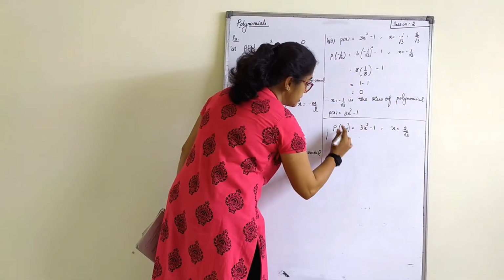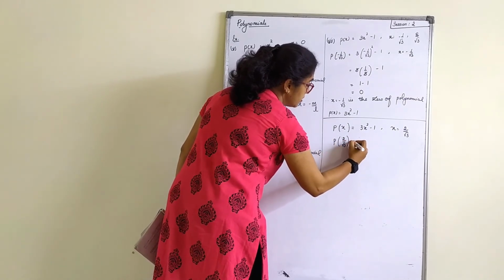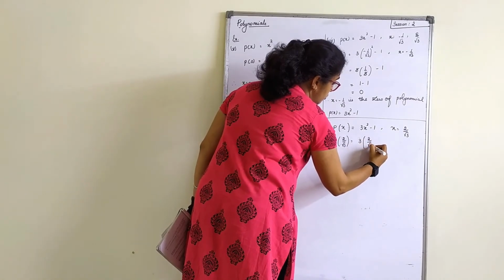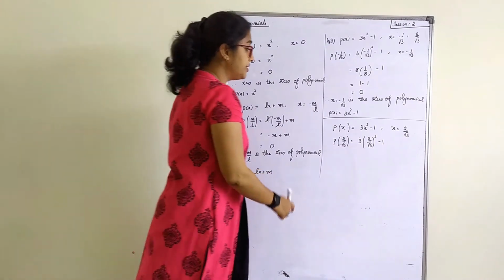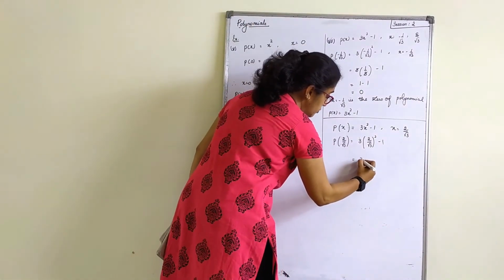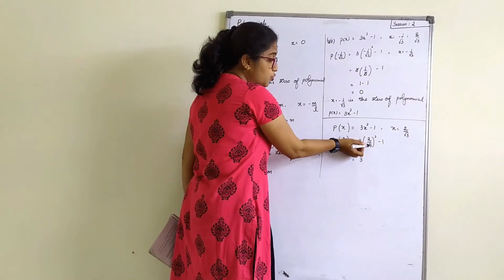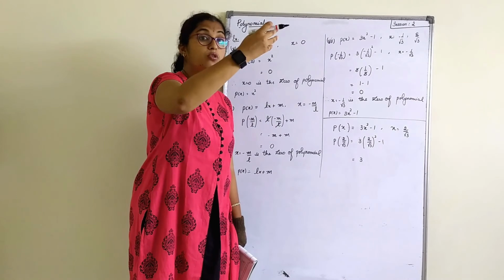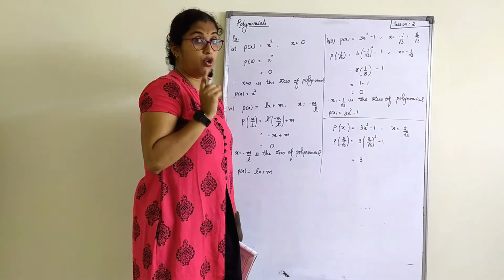So p of 2 by root 3 is equal to 3 into 2 by root 3 whole square minus 1. Now be very careful with the square. The square is for both 2 and root 3, right? That means I have to square the number 2 also, and root 3 also. Both I have to square, not like before, because there we had 1, and 1 square is 1 only.